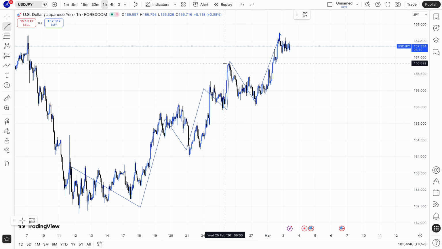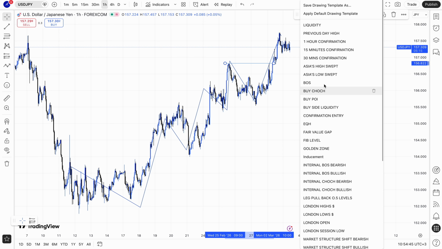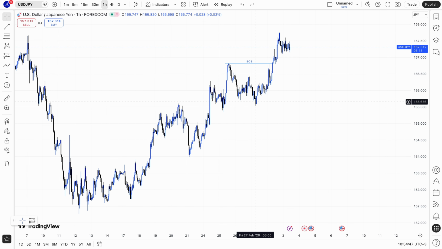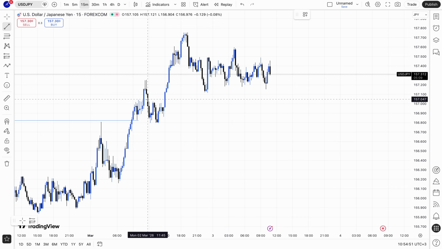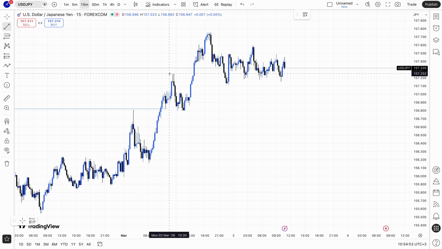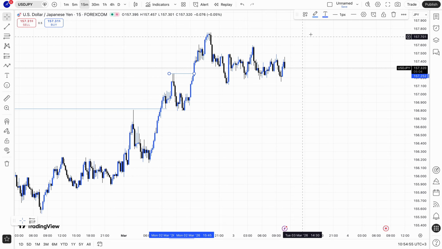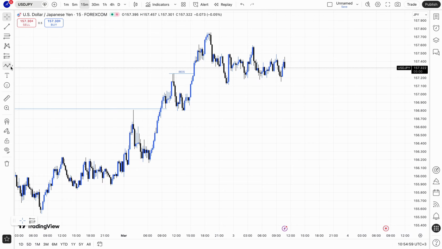So this is our last break of structure to the upside. And this is our break of structure to the upside.